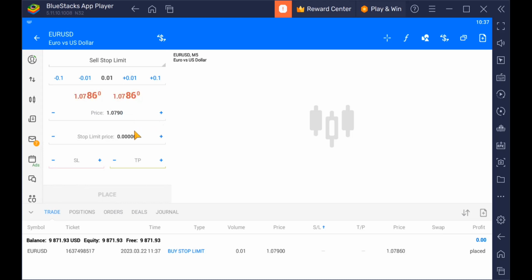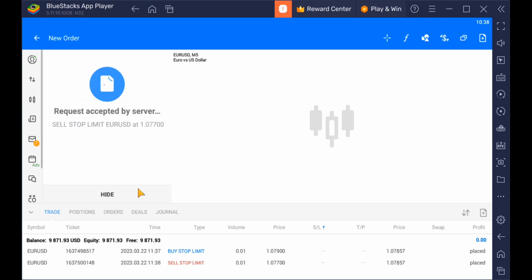Now, when price gets to that point, okay, now sell for me. Sorry, this should be lower than the current price. Then set the limit for me at a price higher than this, so I can say 1.078. That's how these orders work.